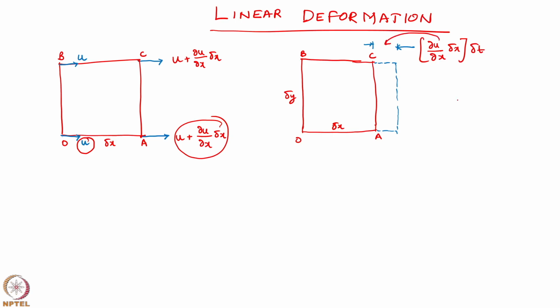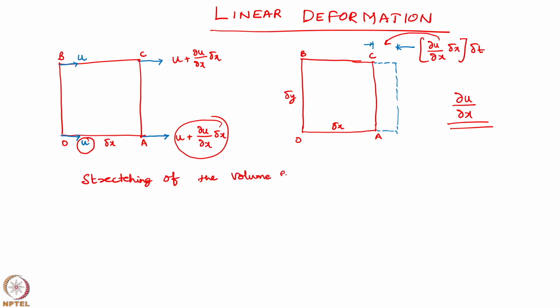But remember, this stretching has occurred because of the gradient of u in x. That is very, very important. So, this is the stretching. Now, what is the change in volume? What is the stretching of the volume element?